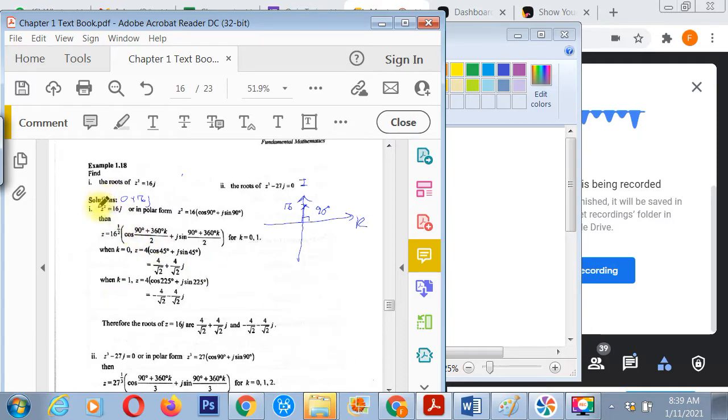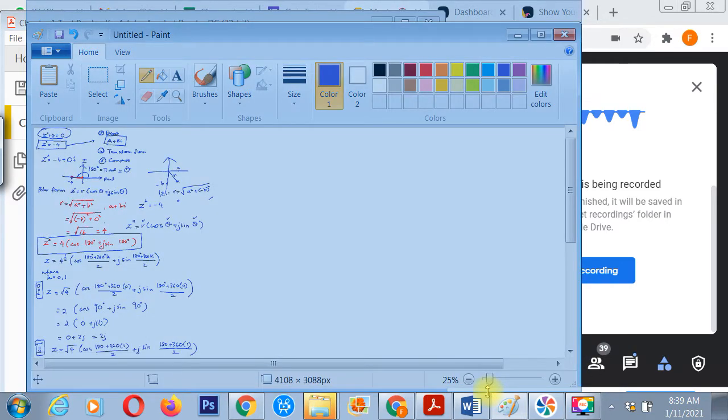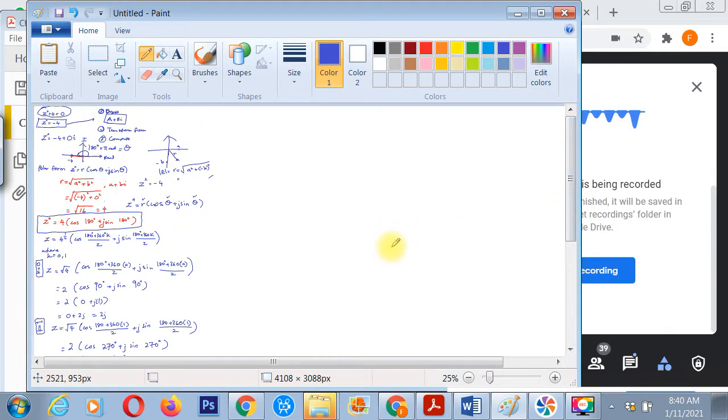Meaning you need to leave the power of z first, and then later after we draw, then we solve the power of n. So that is the procedure to solve this kind of question. So can you solve it and then show to the class? I give you time to solve. Is it okay?